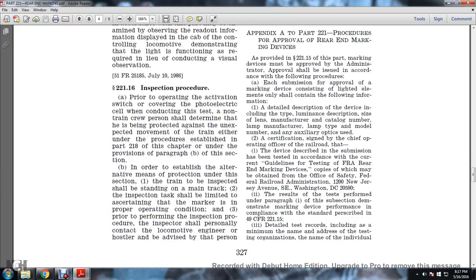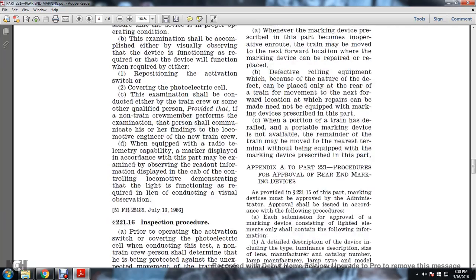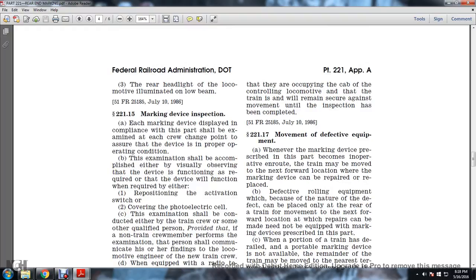In order to establish the alternative means of protection under this section: (1) the train to be inspected shall be standing on the main track; (2) the inspection task shall be limited to the assertion that the marker is in proper operating condition; and (3) before performing the inspection procedure, the inspector shall personally contact the locomotive engineer or the conductor and be advised that a person is occupying the cab of the controlling locomotive and that the train is and will remain secure against movement until the inspection has been completed.